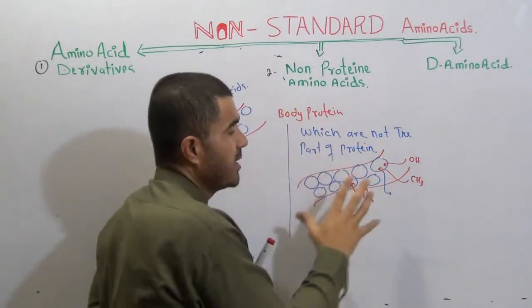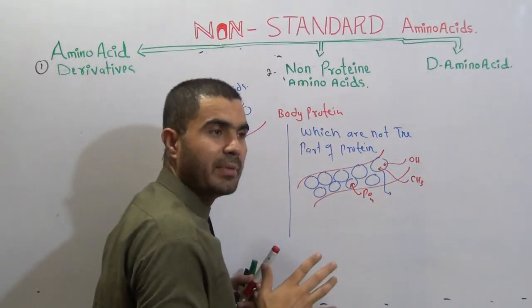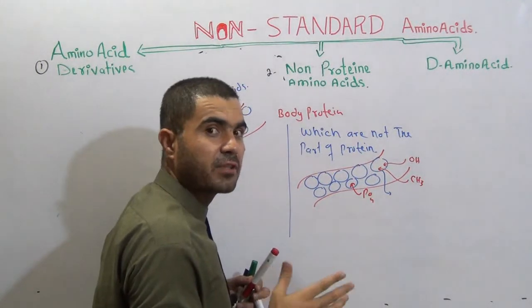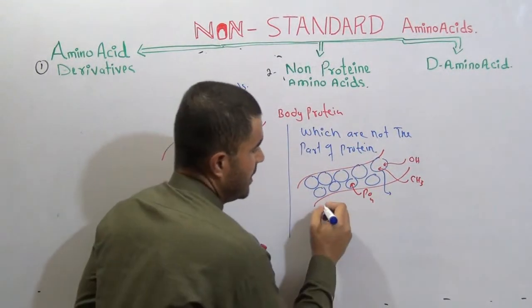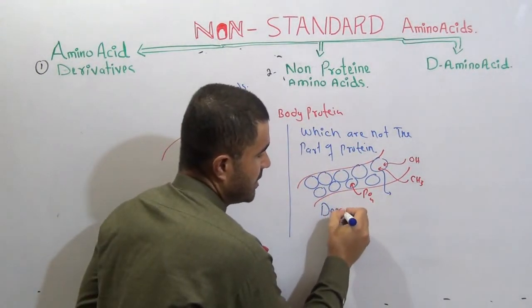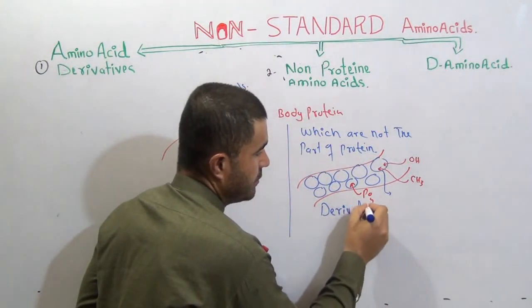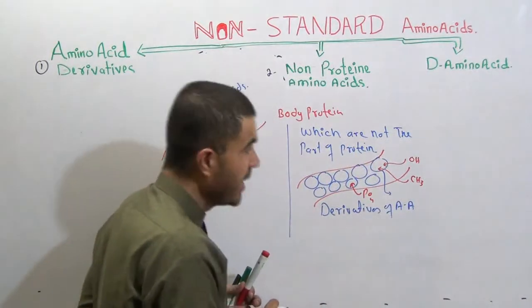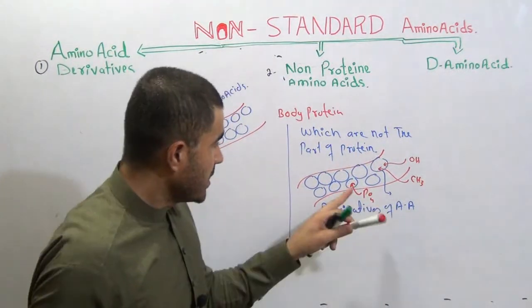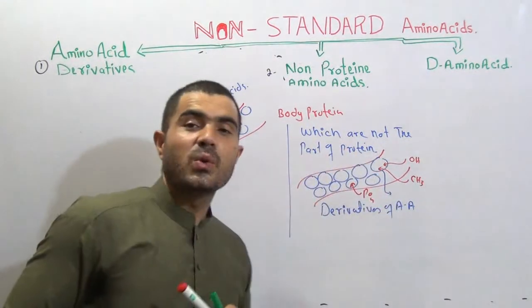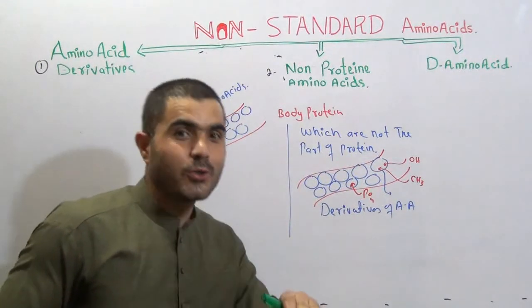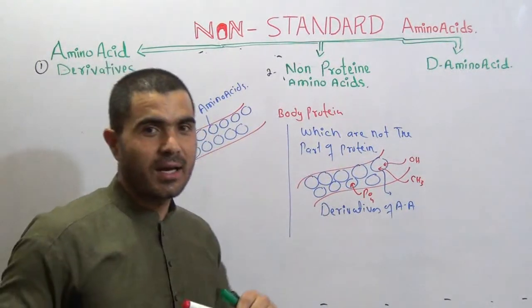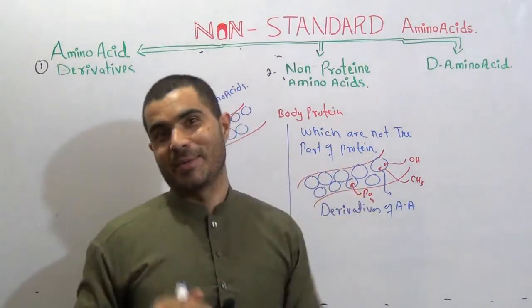Such amino acids will be called derivatives of amino acids. Now these modified amino acids are also called non-standard. They are also under the umbrella of non-standard amino acids.